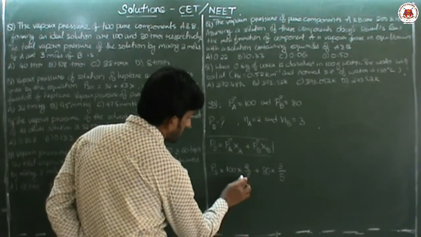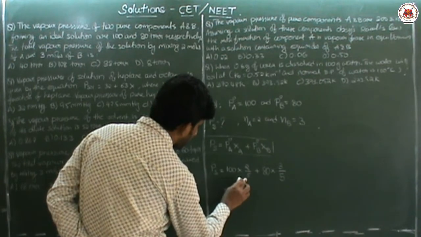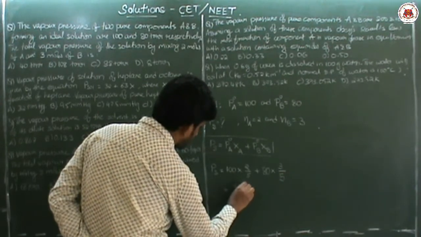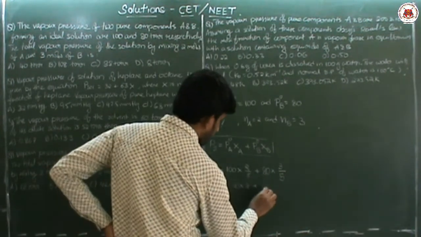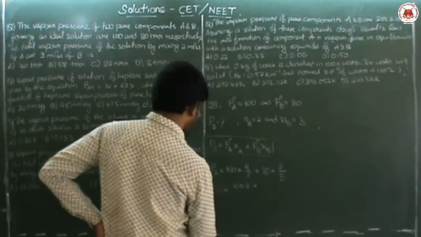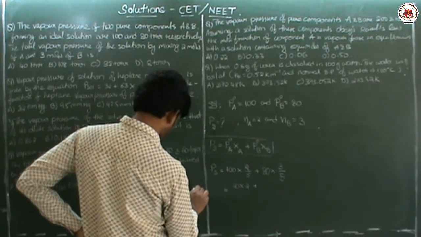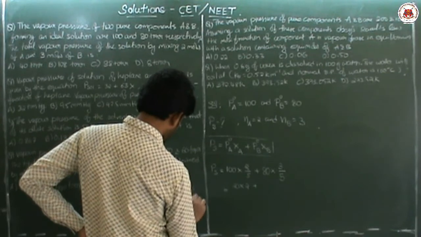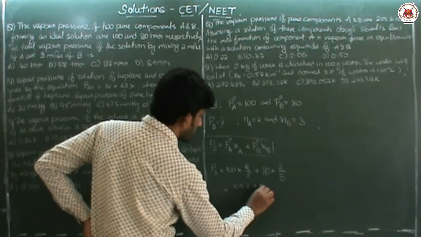Next, here if I cancel out 5, 100 by 5 is 20, into 2, plus 80 by 5, 16, into 3.